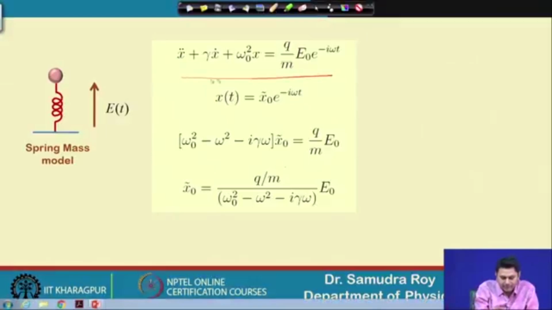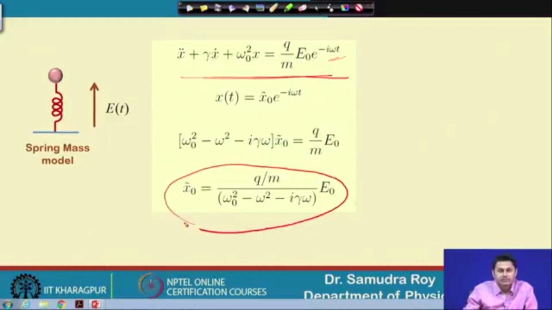This is the equation of motion, and it contains a frequency term as I mentioned earlier. If I do the calculation, we will find that this is my displacement by application of the electric field E.